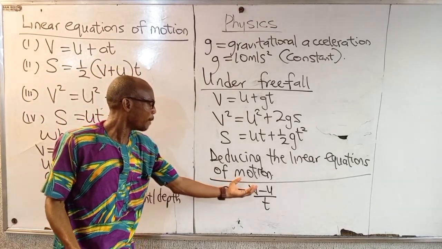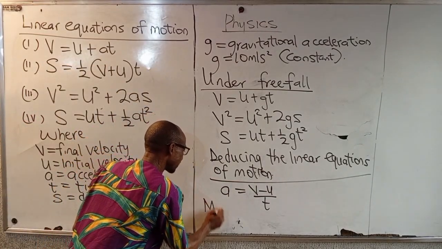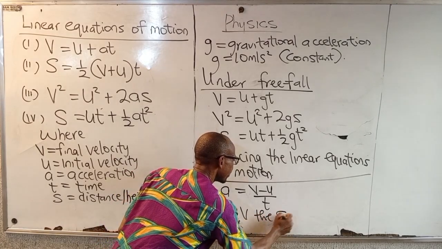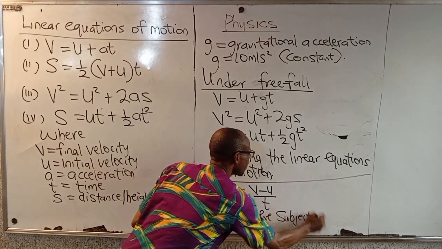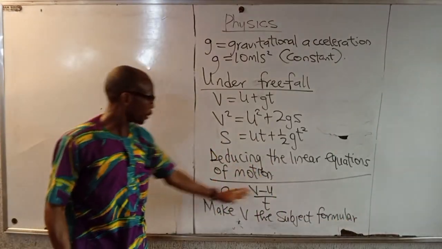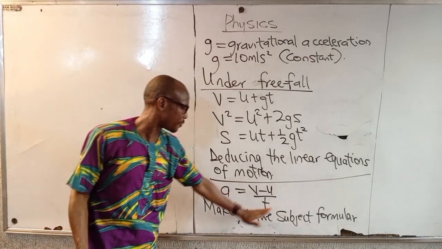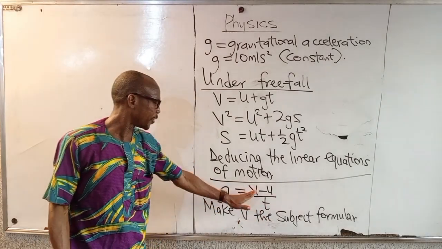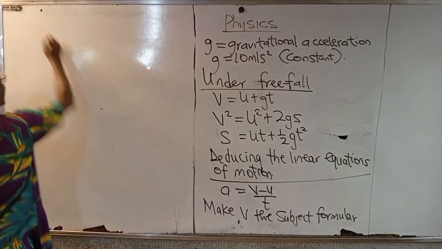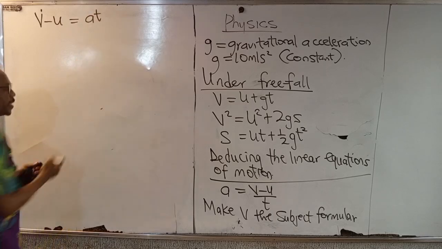What do we do? Make V your subject. From this expression of acceleration, we want to make our V subject. So first we are going to cross multiply, and we get V minus U is equal to AT.